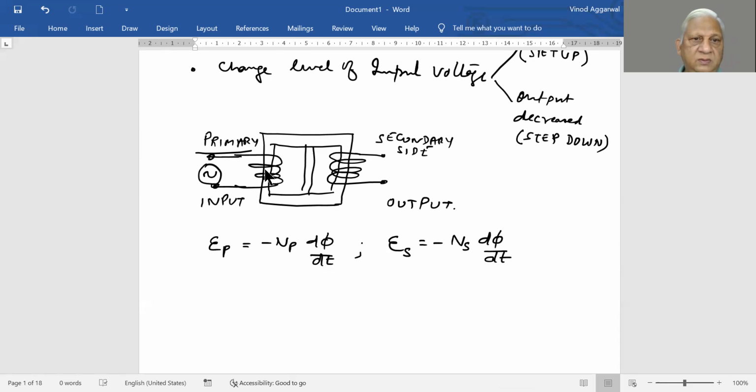So if it changes anywhere, it changes everywhere. So this gives us a special equation. It means that the ratio of the voltages across primary versus secondary is the same as the number of turns in primary versus secondary.